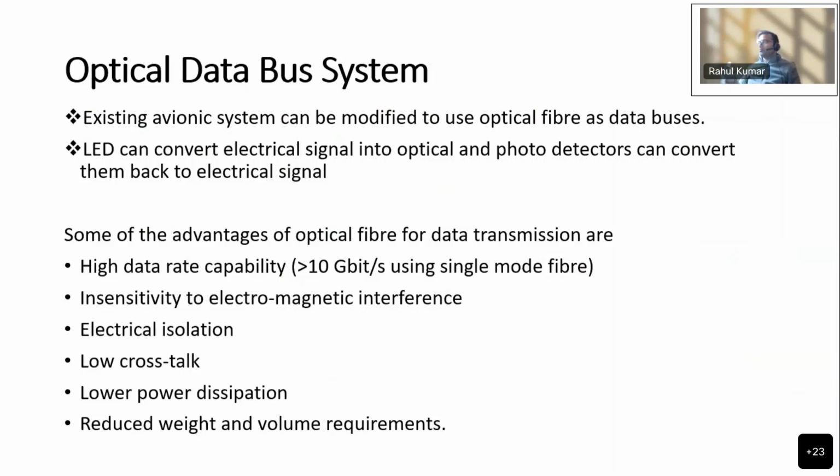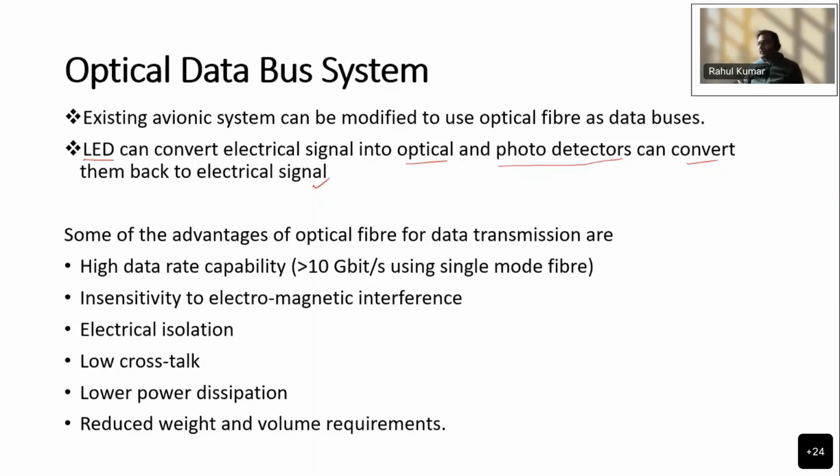So we can use an LED to convert the electrical signal into optical, and then we can use a photodetector to convert your light signal back into electrical. So it is quite possible to now transmit your data in optical form using optical fiber or optical data buses.